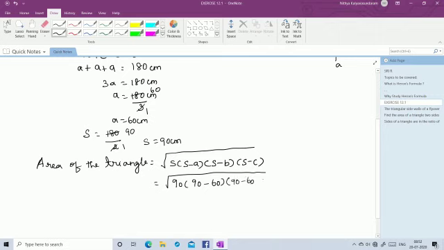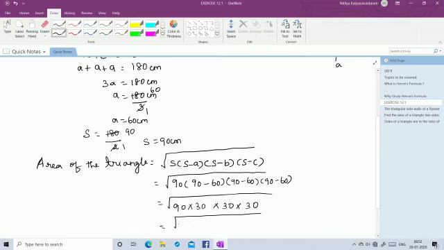So 90 minus 60, 90 minus 60, 90 minus 60. So square root of 90 times 30 times 30 times 30. 90 minus 60 is 30, again 90 minus 60 is 30, then 90 minus 60 is 30. Next you want to take the square root. So 90 we can split into 30 into 3.